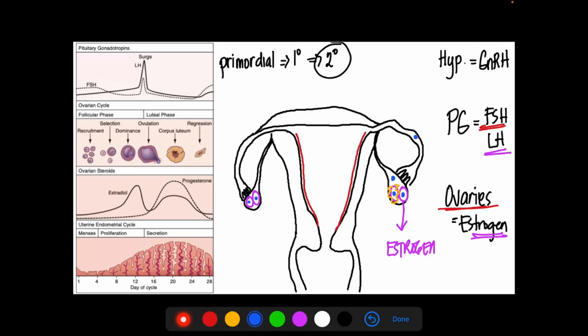Fertilization by a spermatozoan usually takes place in a wide section of the fallopian tube, and that is what we call the ampulla. Again, ovulation will happen and the egg will be released from the follicle to the ovary. It will go to the ampulla and might be fertilized by a spermatozoan.